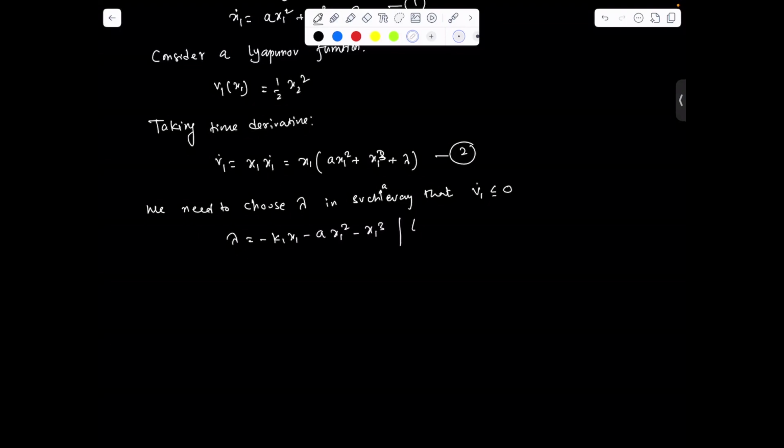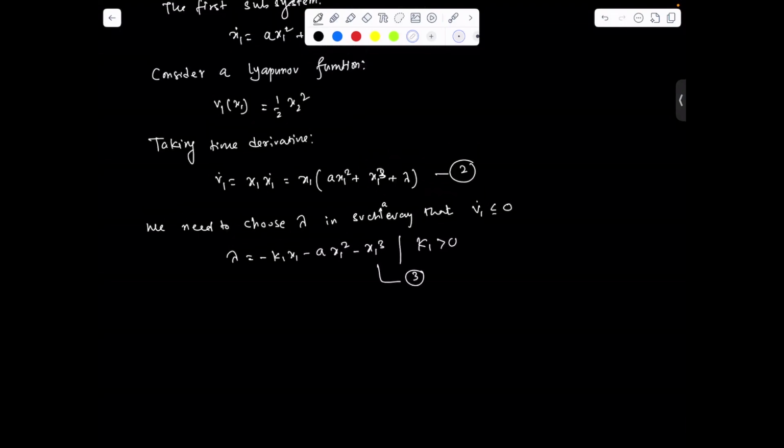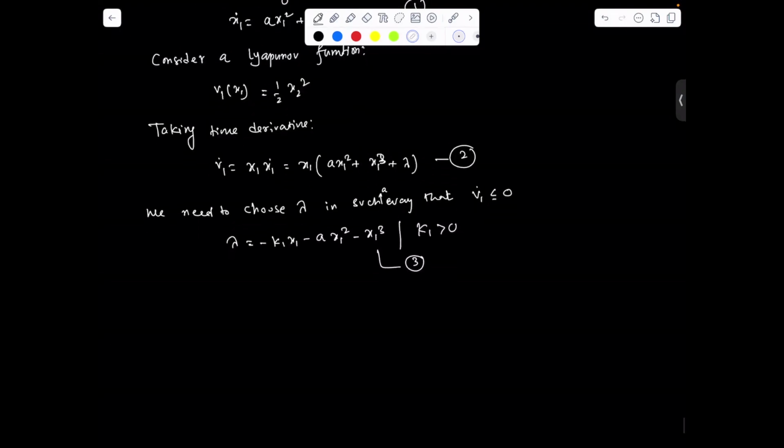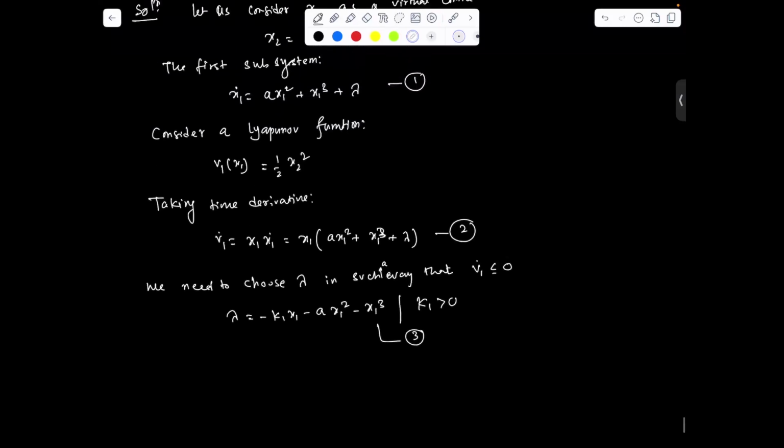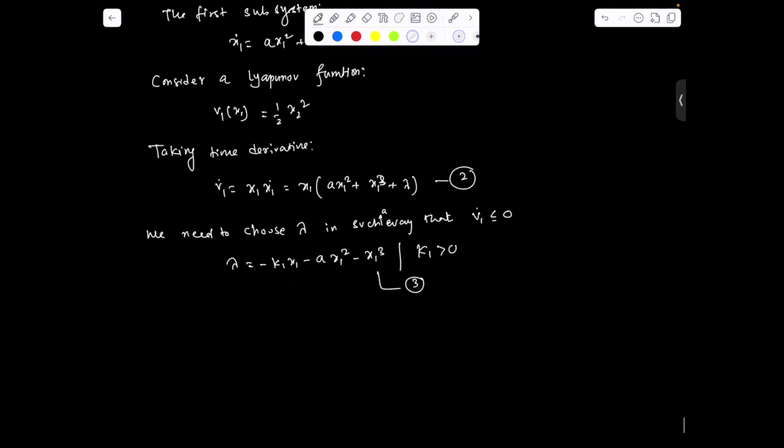Now, where k1 is greater than 0. So this is the virtual control for the first subsystem. Let us define this equation as 3. Now substituting this expression in equation 2, not 2, we have to substitute this expression in equation number 1.